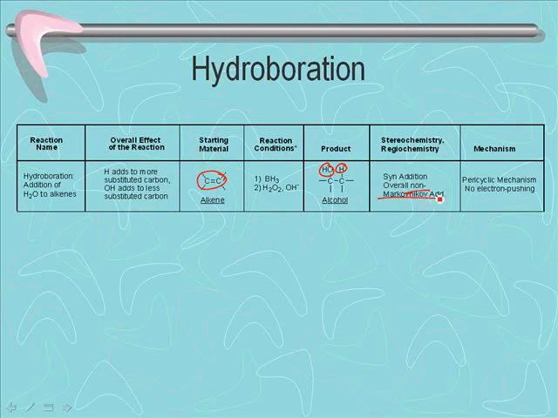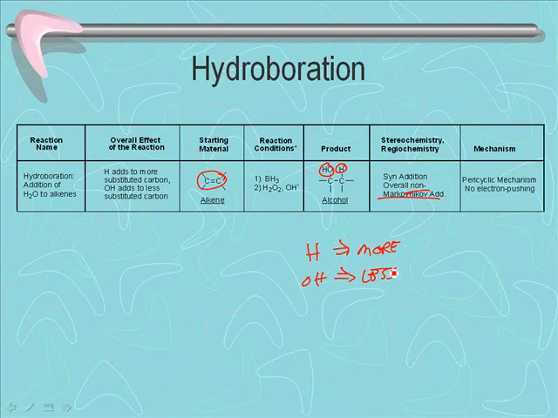Now that means that the hydrogen of the water molecule that gets added is added to the more substituted carbon, and the OH gets added to the less. And so this complements nicely the addition of water that we learned about on a previous slide. We'll have to look at why this particular switch in reactivity or orientation is occurring with this particular reagent.